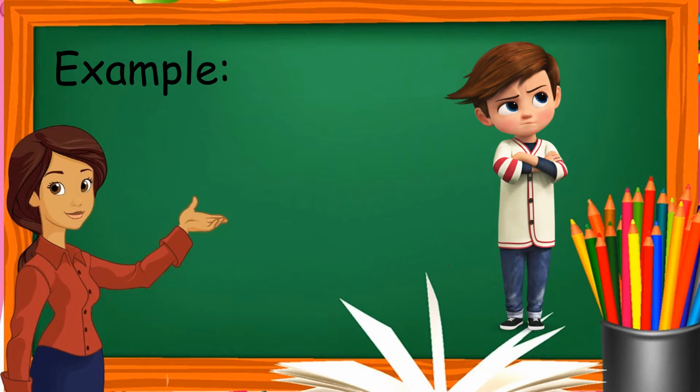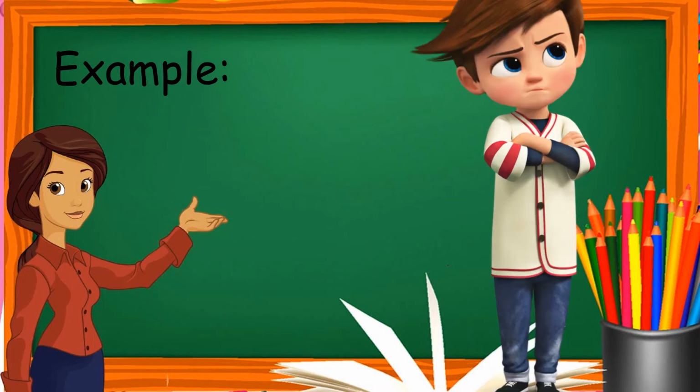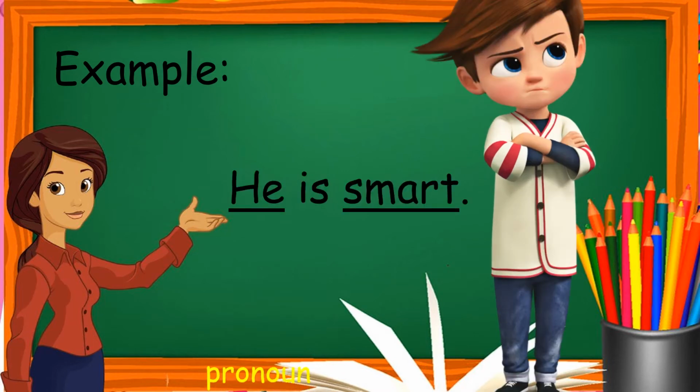Another one. Look at the boy. What can you say about the boy? The boy is smart. He is a pronoun that replaces the name of a person. The example a while ago was the name Marco. So we use he to replace the name of Marco.